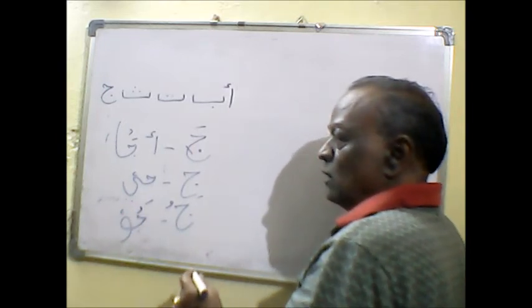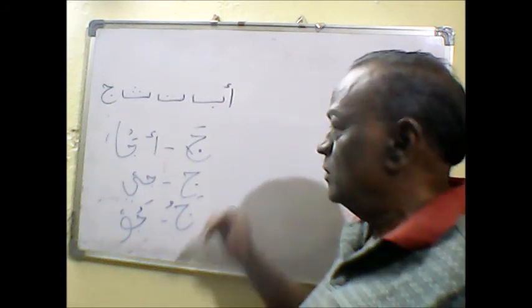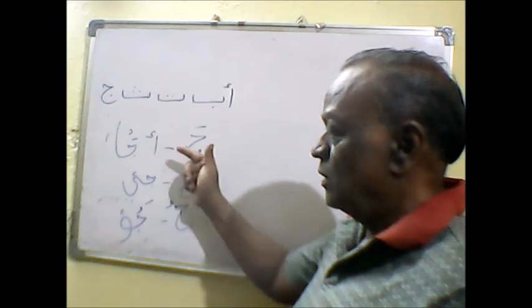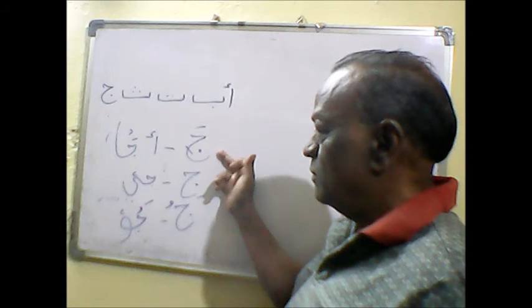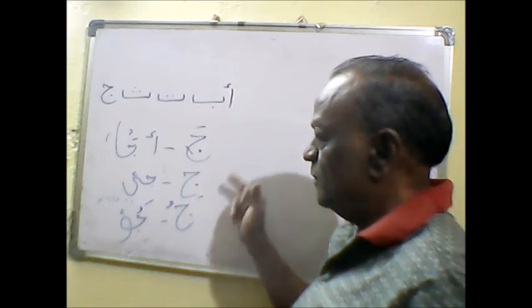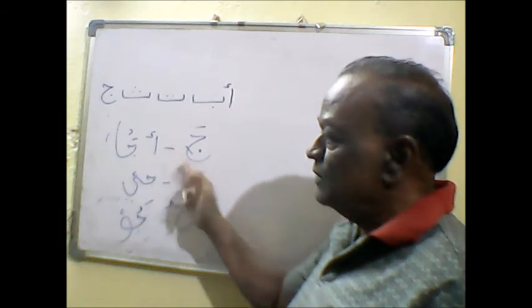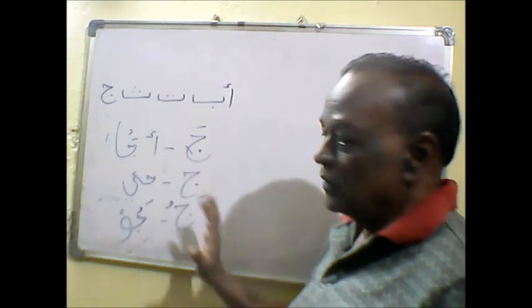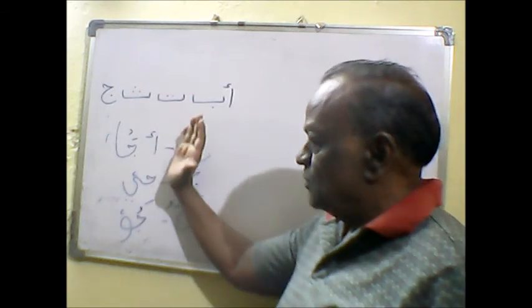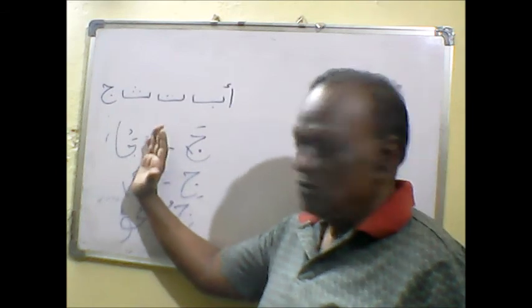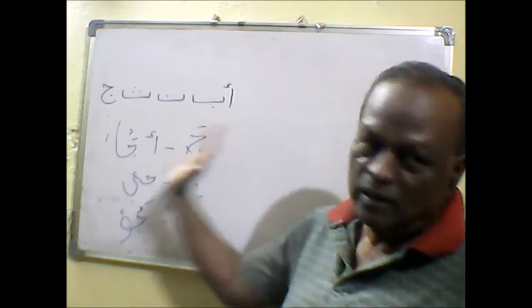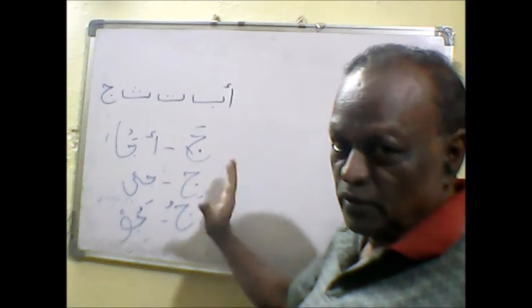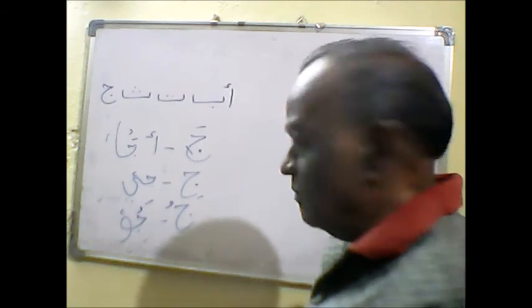Juu. Jaa, jii, juu. Before, ja, ji, ju. Short vowels of three kinds, fatha, kasra, dhamma, along with three letters, alif, ya, waw, added, give long sounds. These are long vowels, and these are the short vowels. For all the letters you can use this kind of short and long vowels.